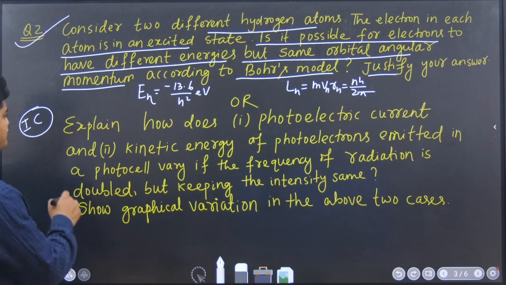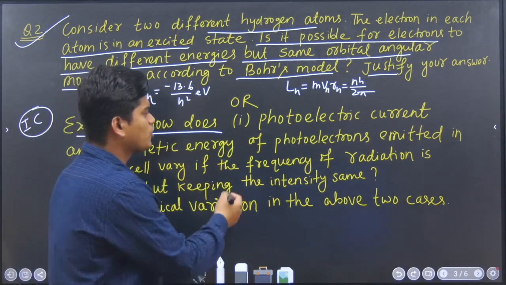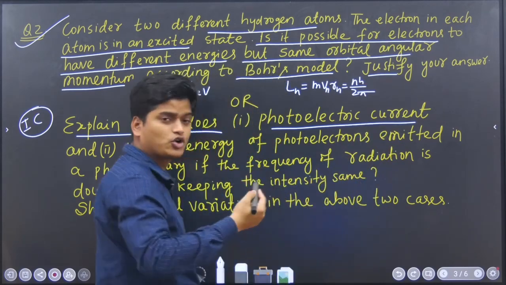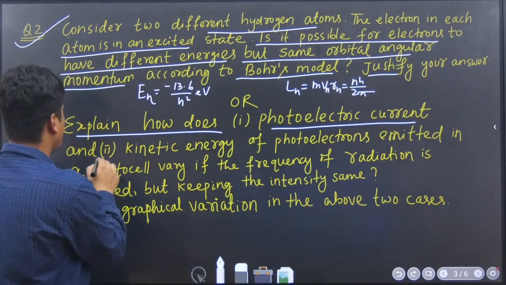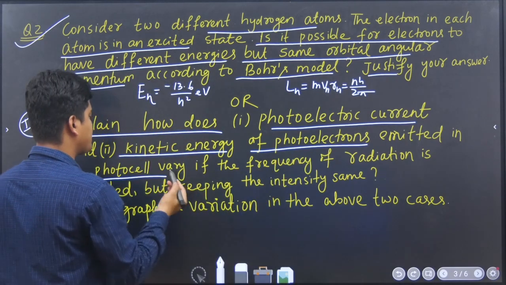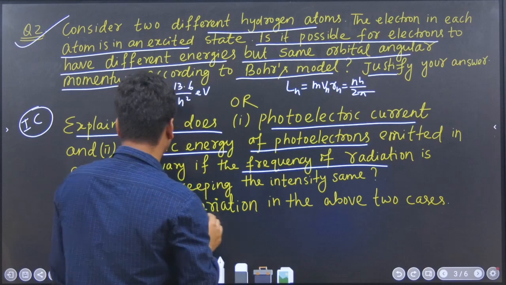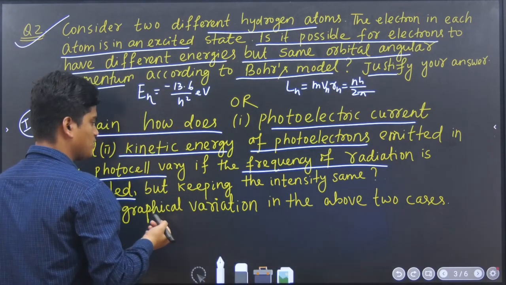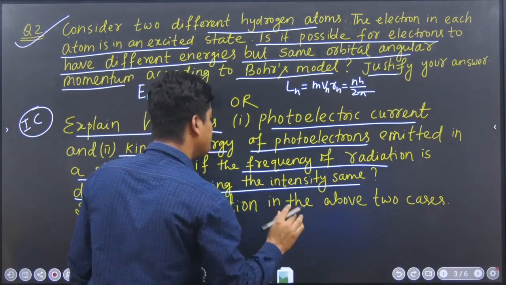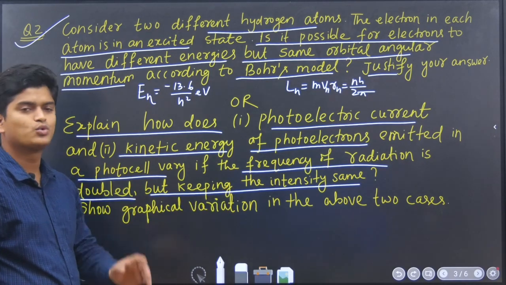Here they are telling: explain how photoelectric current and kinetic energy of photoelectrons emitted in a photocell vary if the frequency of radiation is doubled, but keeping the intensity the same. Also show graphical variation in the above two cases.